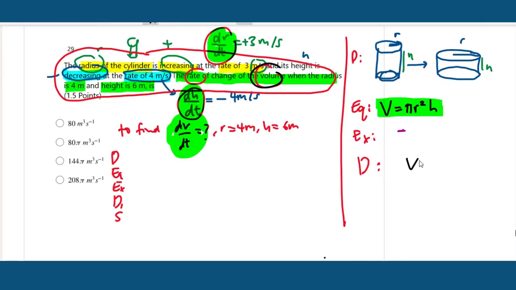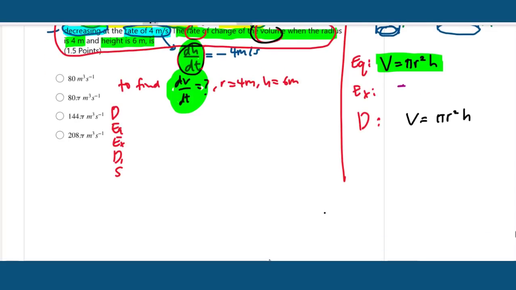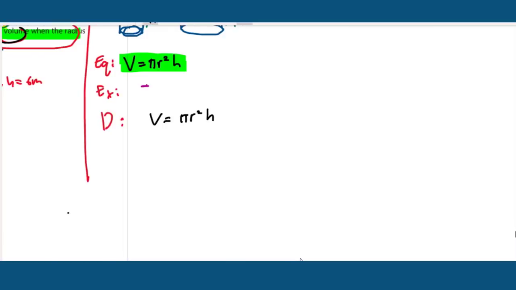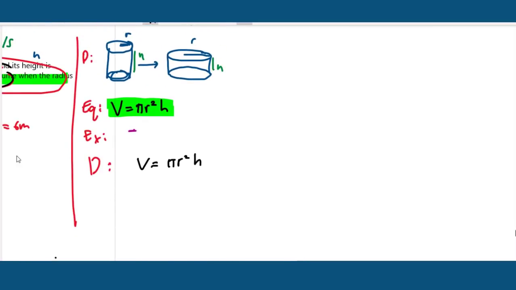V equals pi r squared h. Differentiate V with respect to t on the left, and differentiate the right-hand side with respect to t.